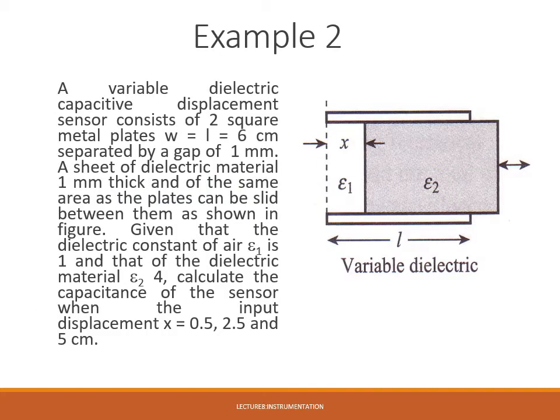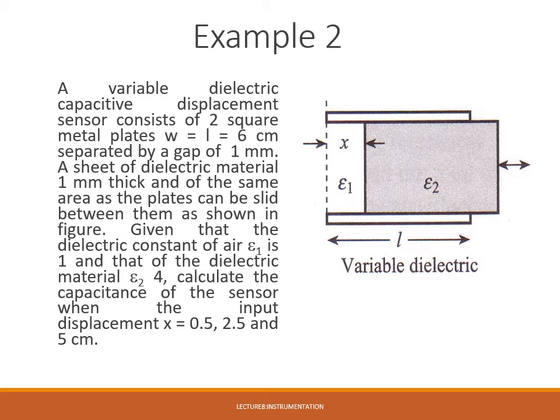Second example. So this is the design for second example, where it is a variable dielectric capacitive displacement sensor. So when it said variable dielectric, meaning we understand that the distance and area is constant, but only the dielectric material will change in this sensor, right?